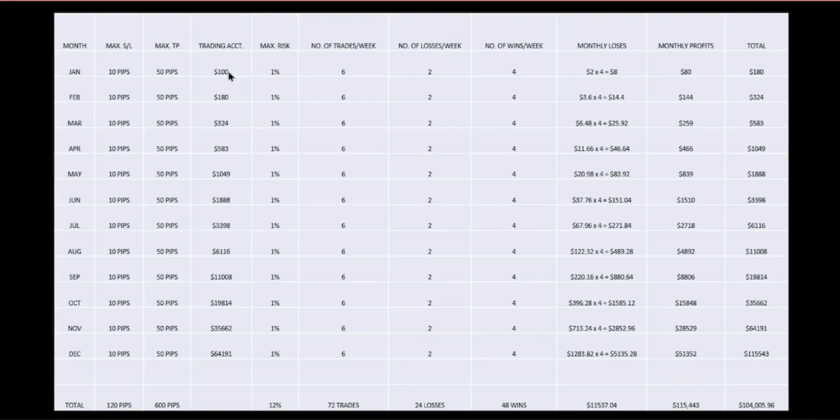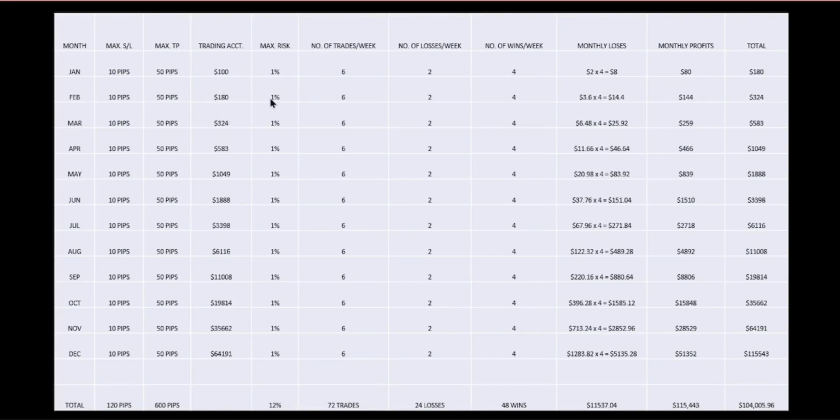It's simply $1. So you don't trade with a risk of more than $1 if you have a $100 account. I want you to understand that at every point in time, even if you have $1 million, you trade with 1%.